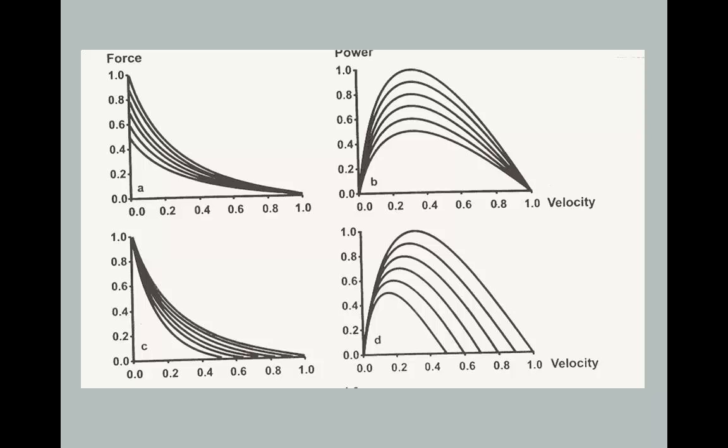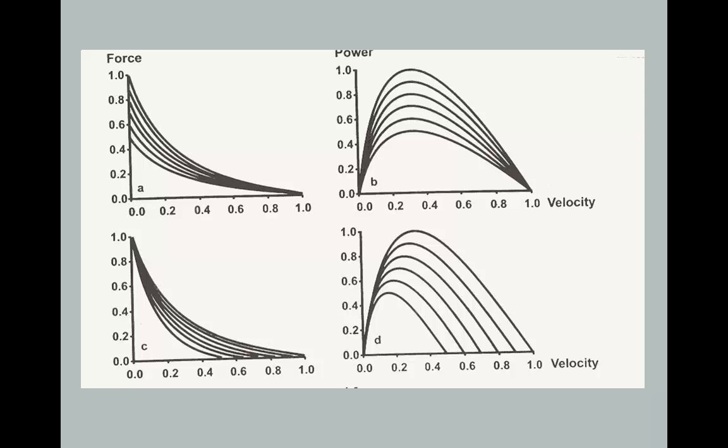Okay? Now, another way to affect power is by increasing the max velocity of a muscle. So if you look at C, we increase the max velocity from about 0.5 units to about 1 unit. You can think about this as lengthening the muscle, but basically you're increasing the fiber length to increase that max velocity.